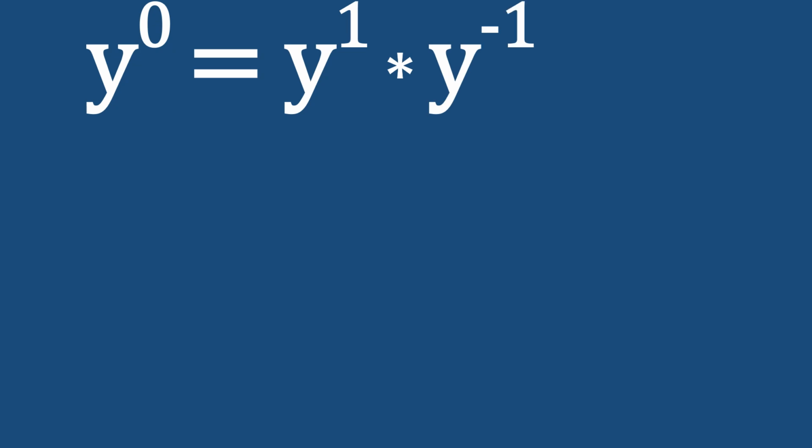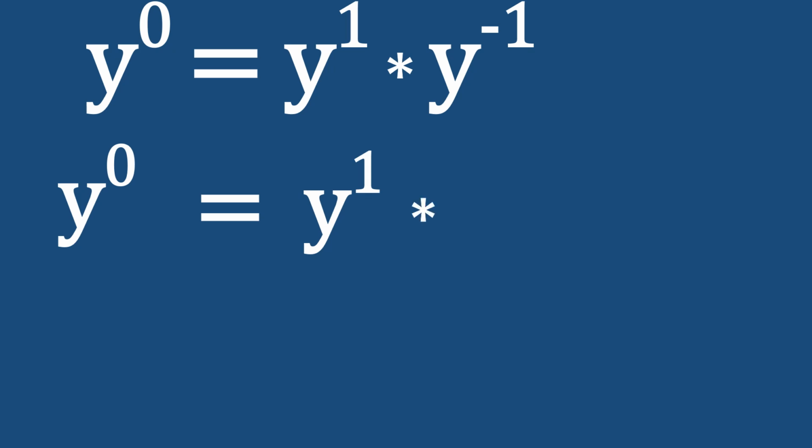So we have succeeded in rewriting y raised to the power of 0 as y raised to the power of 1 times y raised to the power of minus 1. Now, what we can do is once again rewrite it as y raised to the power of 1 times 1 over y raised to the power of 1.